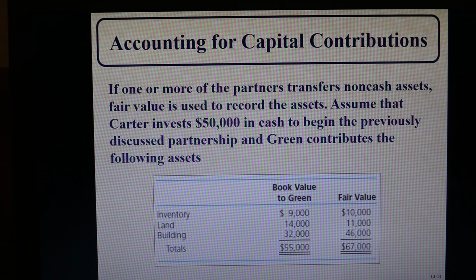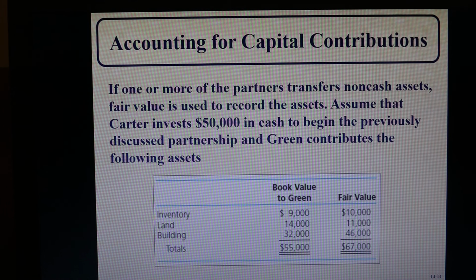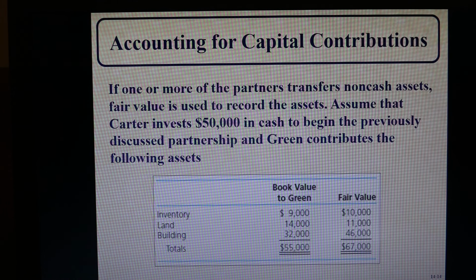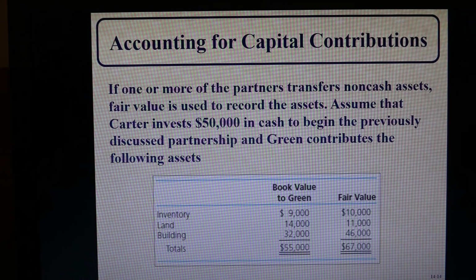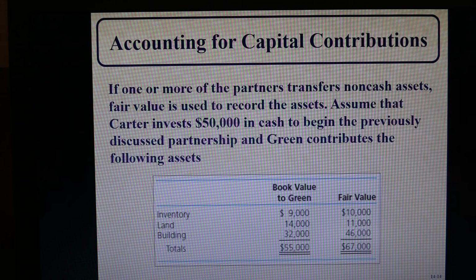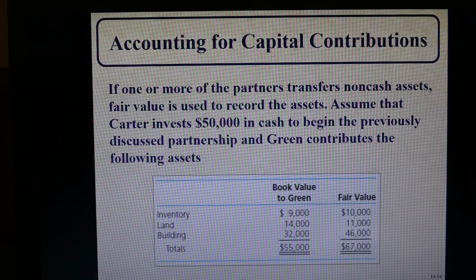And most people would agree that that's unjust. And for that reason, we would credit the contribution of non-cash property at its fair market value, in my example, $50,000.